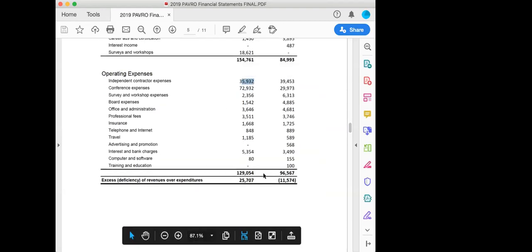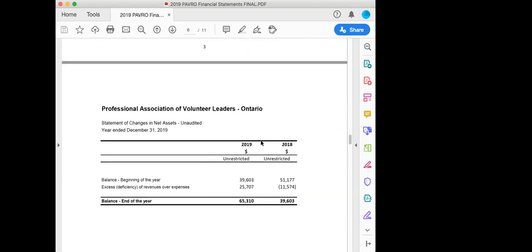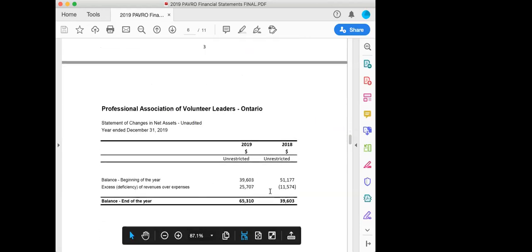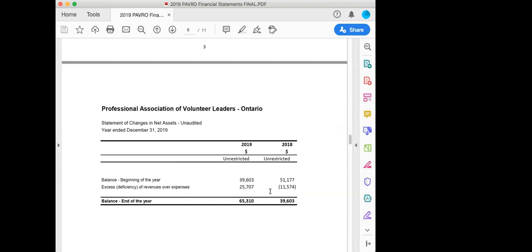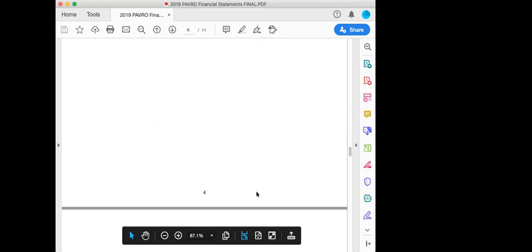Overall, there was an excess of revenues over expenditures of $25,000, which would be called net profit. Unrestricted net assets is essentially the cumulative net excess of revenues over expenditures over the years that has built up. That's $65,000 in PAVRO's case.